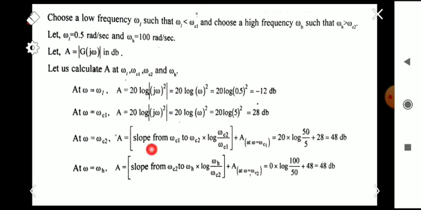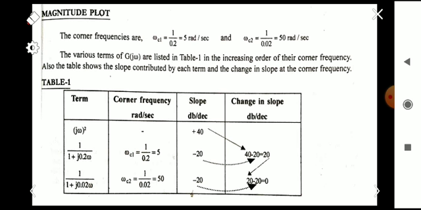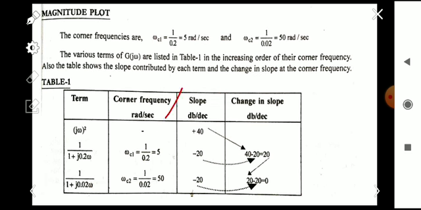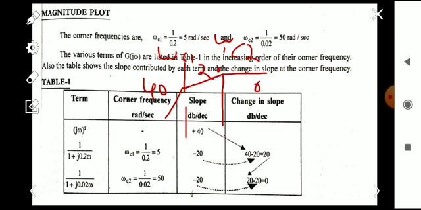The slope from omega c1 to omega c2 is the first term, that is 20, the change in slope. If you look at the approximate graph we drew in the previous slide, this is omega c1 and omega c2. The slopes are 40, 20, and 0, so the slope from omega c1 to omega c2 is 20.